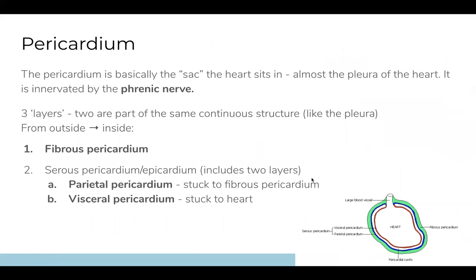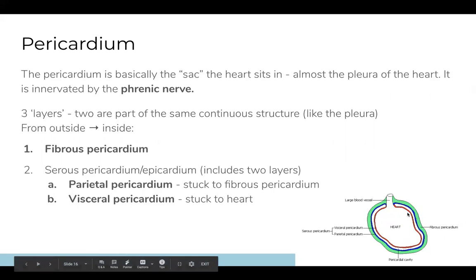So now I'm going to talk a bit about the pericardium. We mentioned the pleura last week, and the pericardium is a very similar concept. The pericardium is the sac that the heart sits in, just like how the pleura are the sac which the lungs sit in. And it is also innervated by the phrenic nerve. C3, 4, 5 keeps the diaphragm alive.